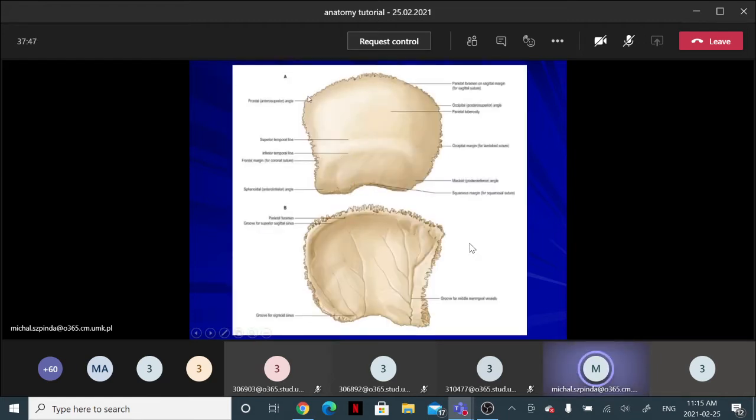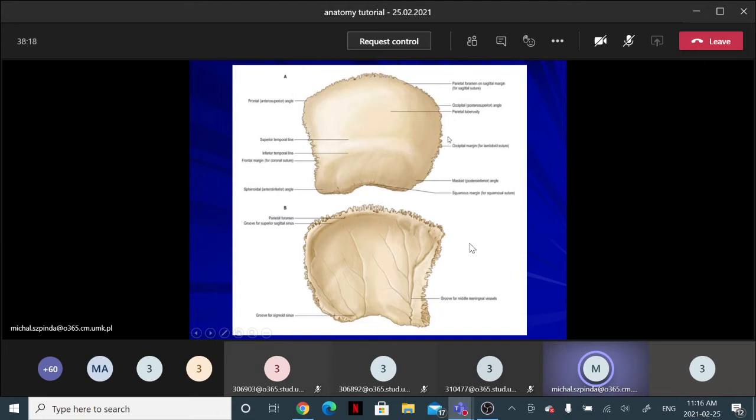And here is visible a separate parietal bone. This is the left one. This is its anterior border that articulates with the frontal squama. The superior border articulating with its contralateral partner.